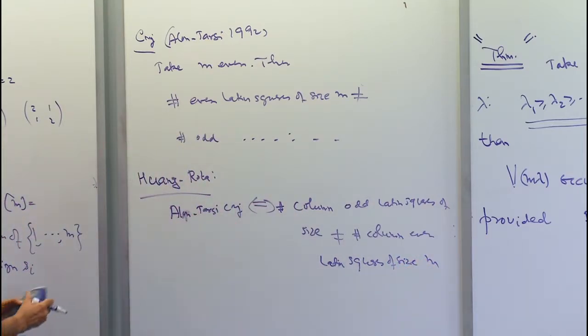So whether we take just the column sign or the total sign, it doesn't matter as far as the Alon-Tarsi conjecture is concerned.